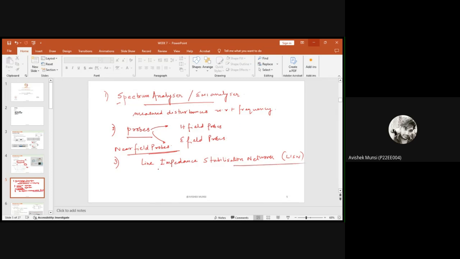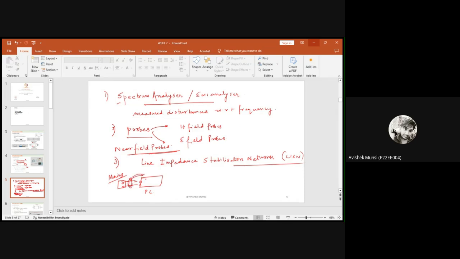It doesn't let disturbances or noise enter into the device. Suppose you have a power converter, and you are giving supply from the mains.